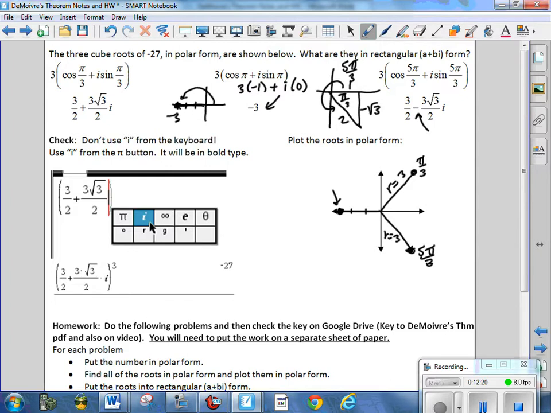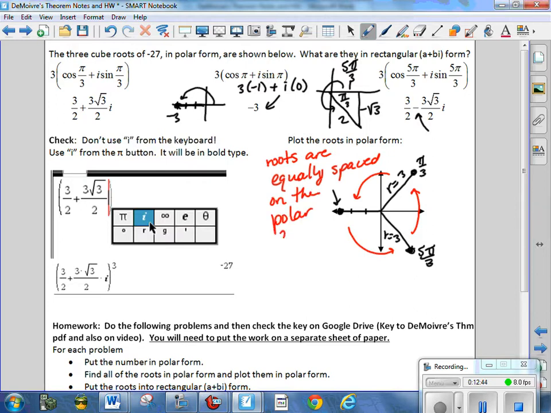I want you to notice that these angles are all equally spaced. They're all 120 degrees apart, or 2 pi over 3 apart. So these are equally spaced. And this will always be true of the roots. Roots are equally spaced on the polar grid.